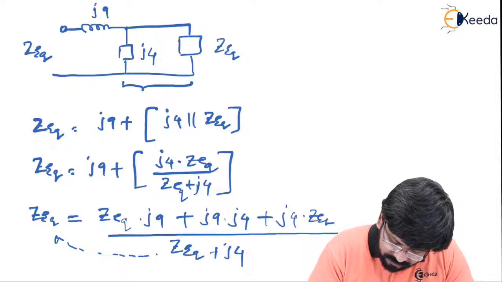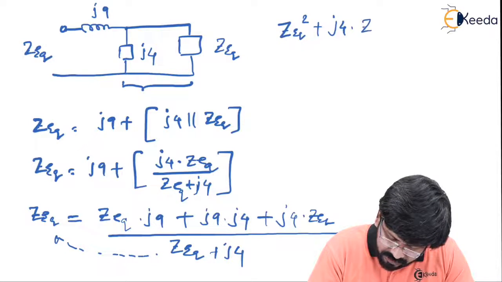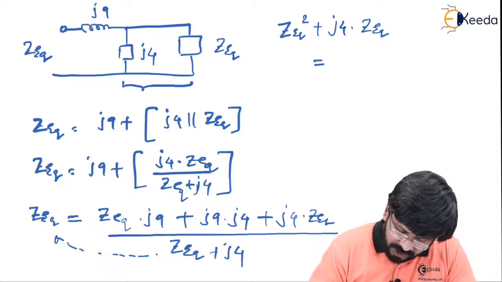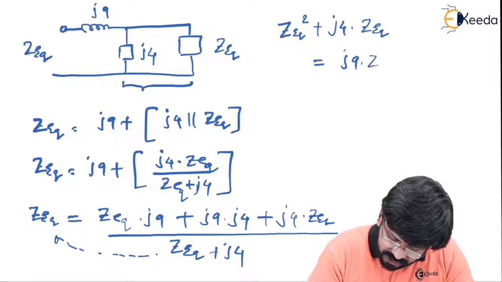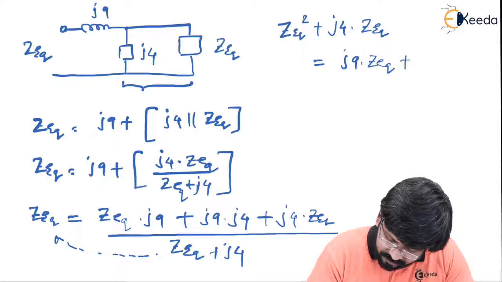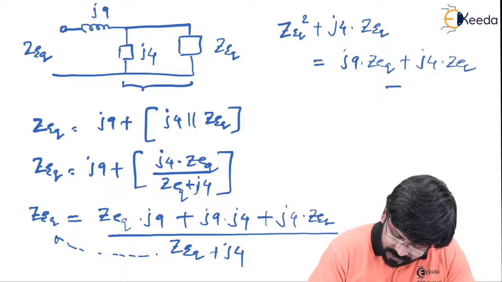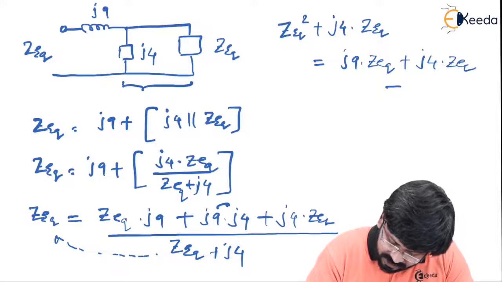What I can do is transfer this denominator here. So now it becomes Z equivalent square plus J4 times Z equivalent. This is equal to, what we have in the right hand side, J9 Z equivalent plus J4 Z equivalent minus, as you can see, J9 into J4 will give you minus 36.